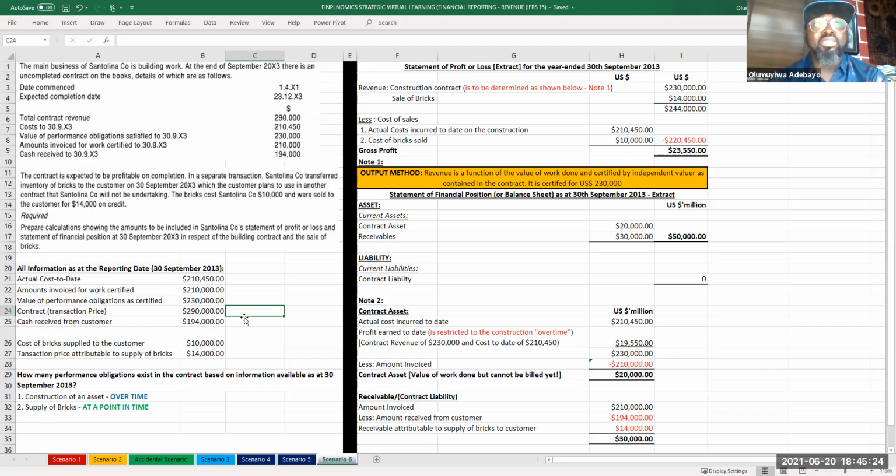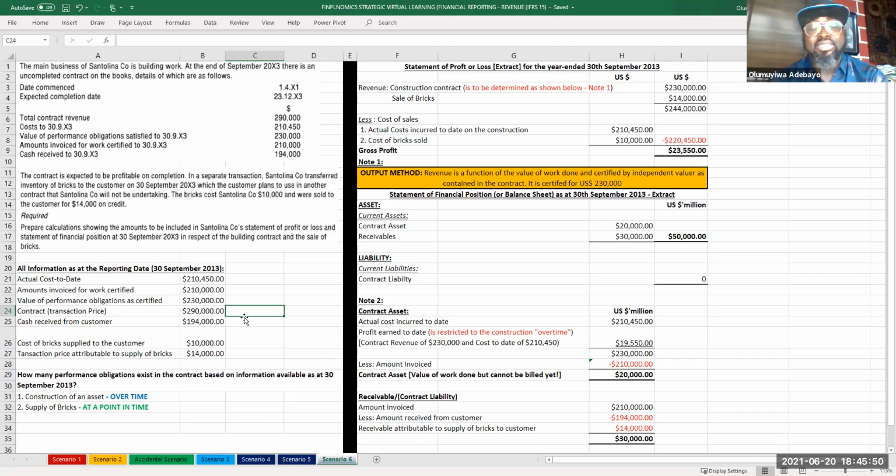Now, your inability to collect it in part or in full is also a trigger that such receivable by way of retention may have suffered an impairment loss. In that case, the retention may be subjected to impairment assessment in line with the requirement of IFRS 9.